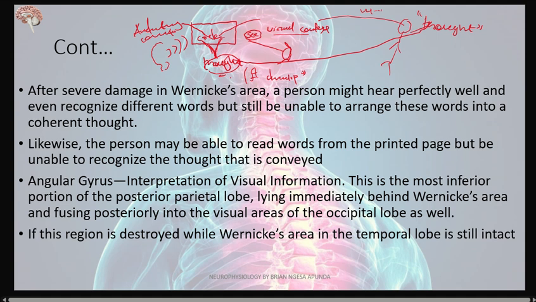This is the most inferior portion of the posterior parietal lobe, lying immediately behind Wernicke's area. So if this is Wernicke's, we expect the angular gyrus to be around here. It will be able to process some visual information, mostly in terms of words.